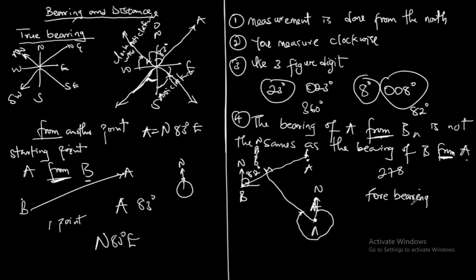But unlike that, the bearing of B from A, if you look at it, is going backward. It's going back to the origin, right? So when it's going back, it's called back bearing or reverse bearing.